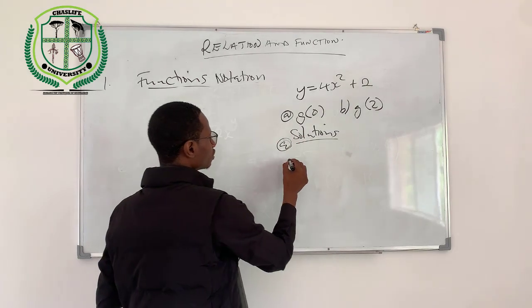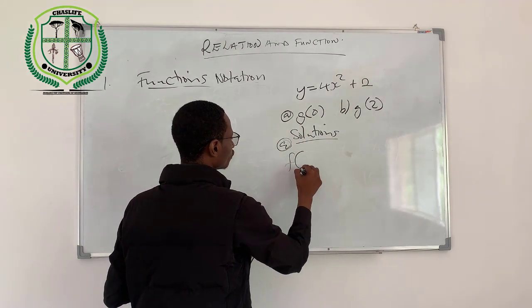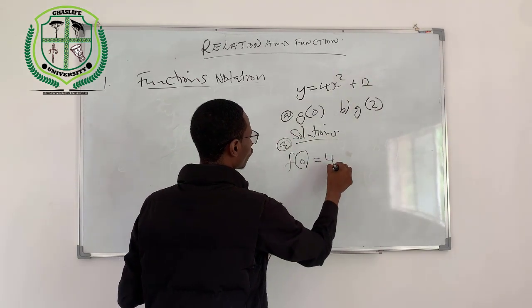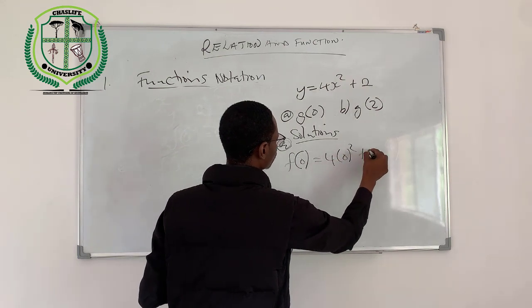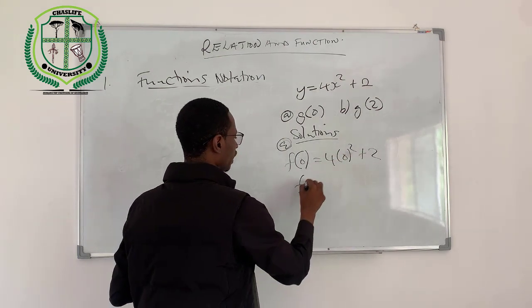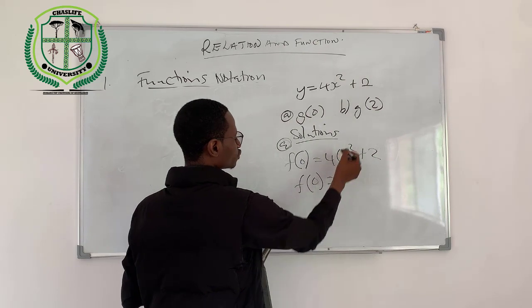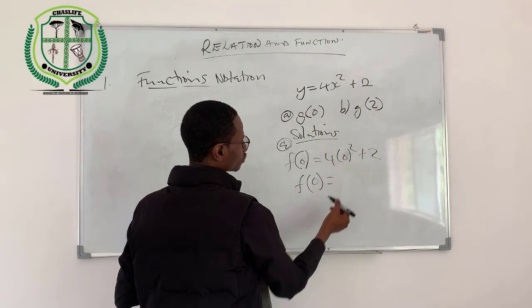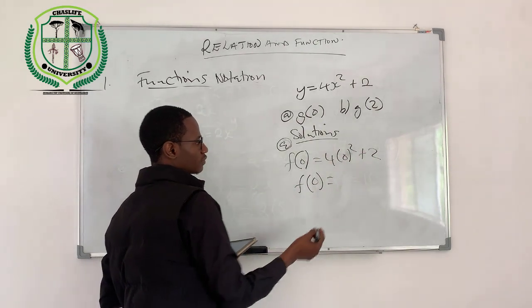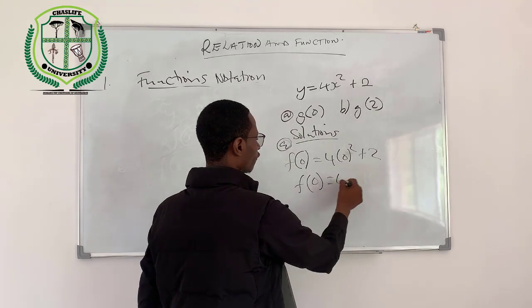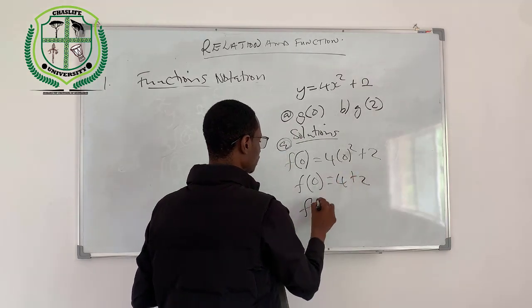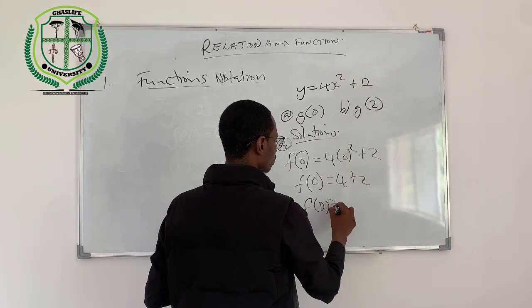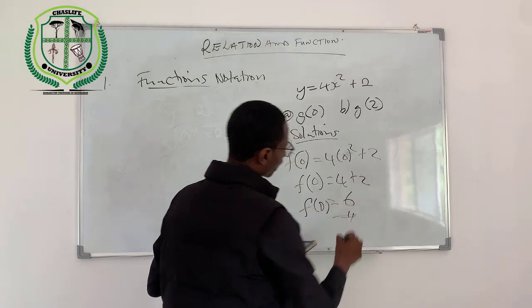Our answer will be f of 0 is equal to 4 times 0 squared plus 2. We know that this is 0, so our answer will be 2.